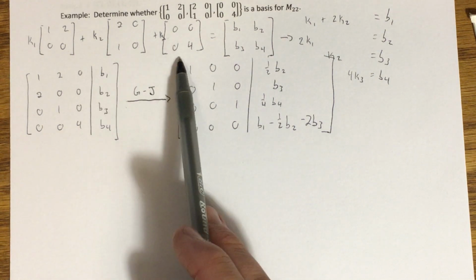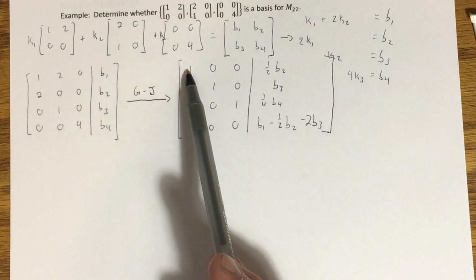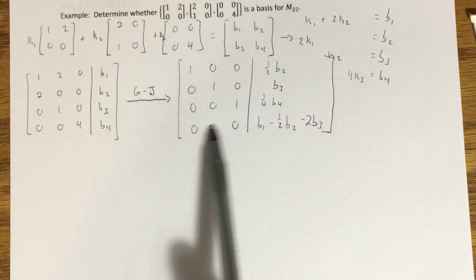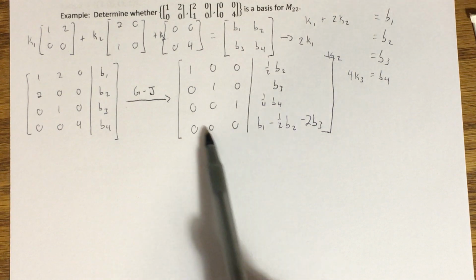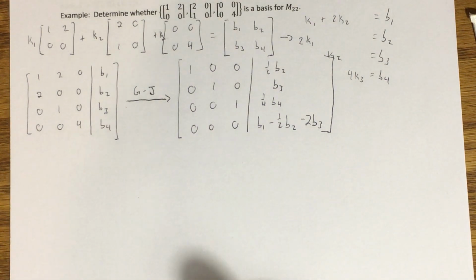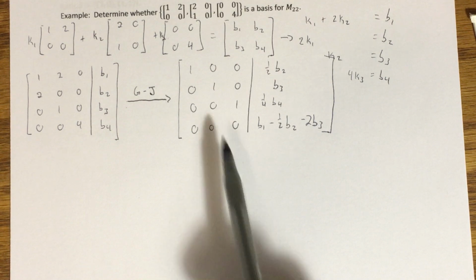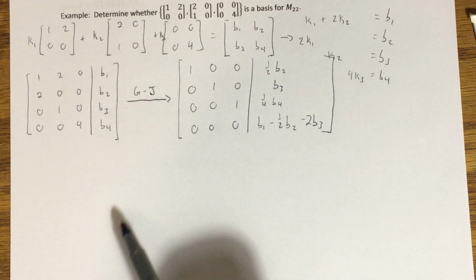Notice that because the coefficient matrix was a 4 by 3, this diagonal containing all the leading ones has to come to an end before it reaches the last row. And we know that if that happens, any rows after that have to be rows of zeros if this is going to be reduced row echelon form. And it's exactly this row of zeros that's going to give us the proof that this set doesn't span all of M22.